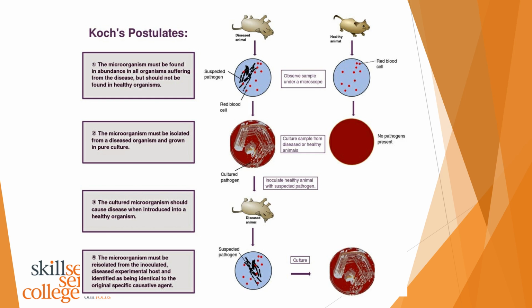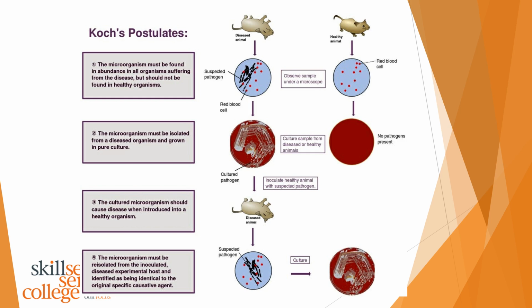Essentially what he was saying here is, if a microorganism is causing a disease, then you should find that microorganism in diseased individuals, and you should not find that organism in healthy individuals. Now that makes sense, but that's only because we know now, after lots of modern science, that it makes sense.